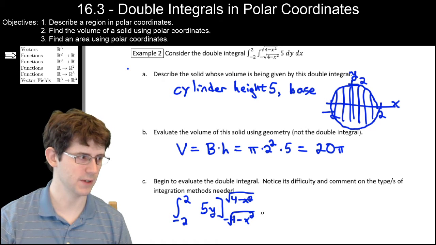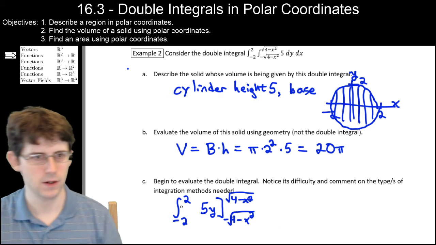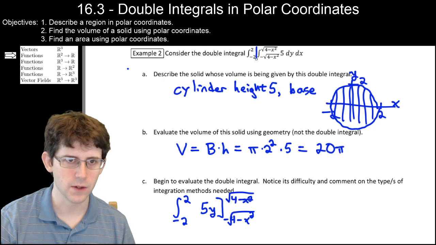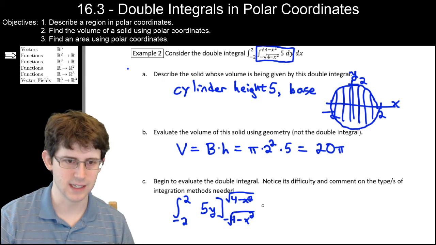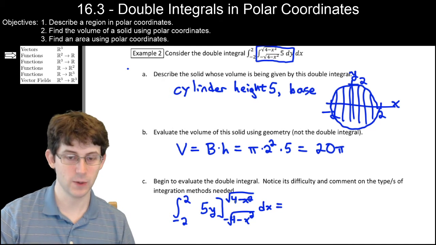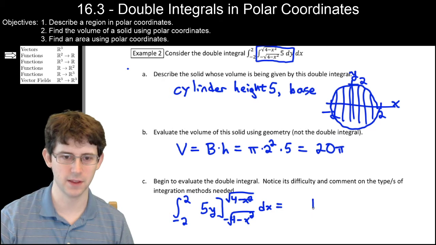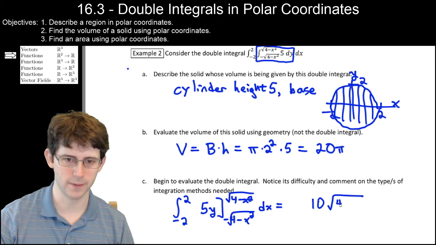Plug those in, and I'm going to get, whoa. So the thing I just wrote down was this inner integral, so I still need the dx on the outside. Okay, I'll have 5 square root of 4 minus x squared minus the same thing. So I'm going to end up with 10 square root of 4 minus x squared.